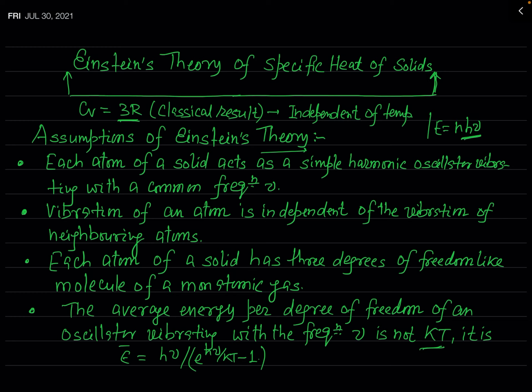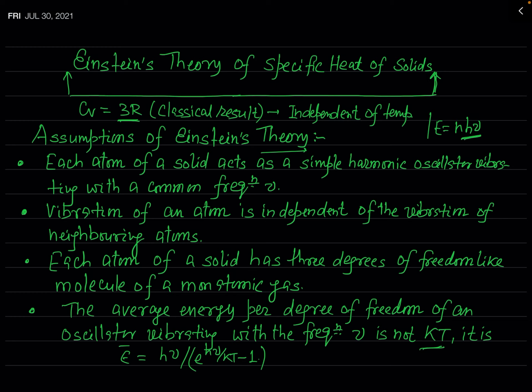And another important assumption of Einstein is that the degree of freedom of a molecule of a solid is 3, just like the degree of freedom of a molecule of a monatomic gas. So these are the important assumptions on which Einstein's theory of specific heat is based.